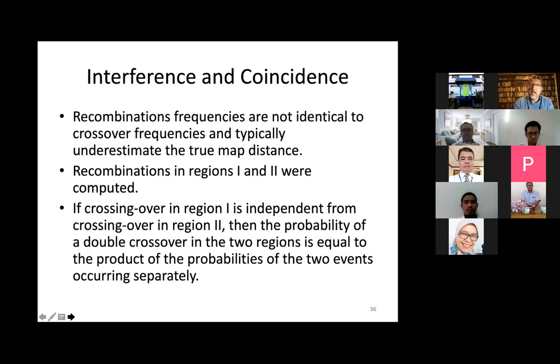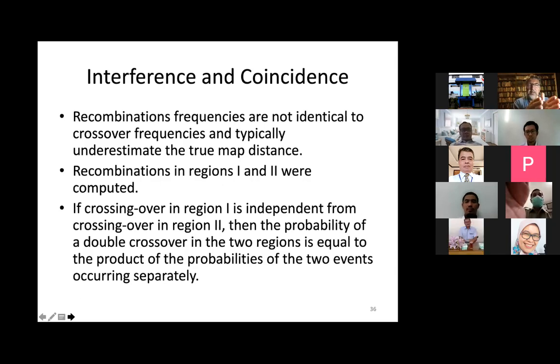So there is always an underestimation of the crossover frequency and therefore the true map distance. Okay, is there a confidence interval where the recombination frequencies are closer to the values of true crossover frequency?